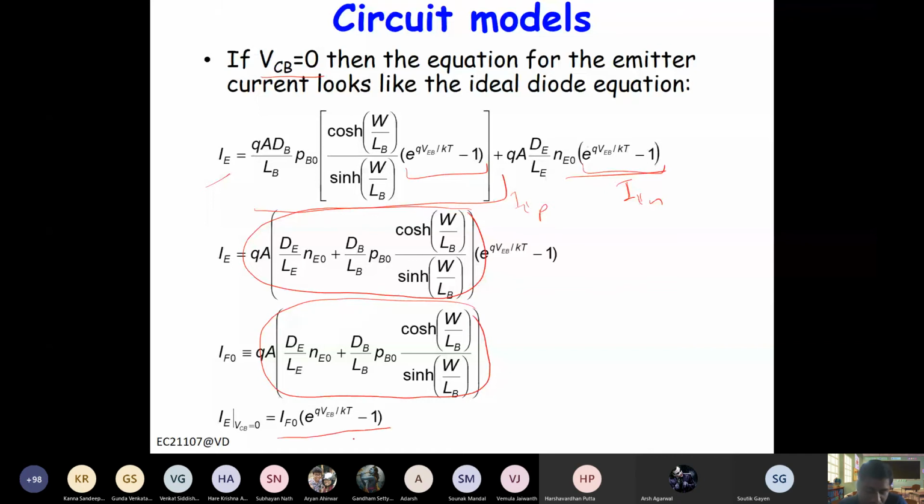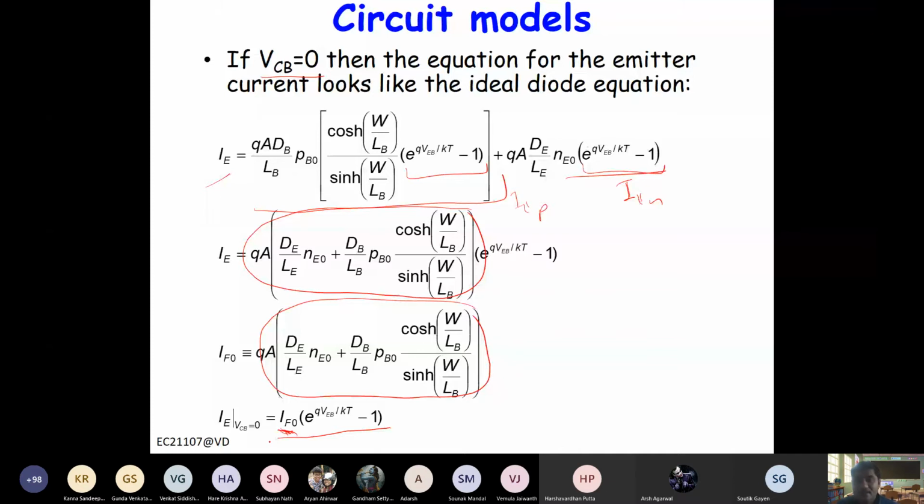So now instead of carrying on the whole thing, we can define IF naught, and IF naught, the saturation current for forward bias, is related to these diffusion lengths, the minority carrier concentration, right? And this term, coth of W by LB. So we will not carry on this whole expression. Let us carry only IF naught.